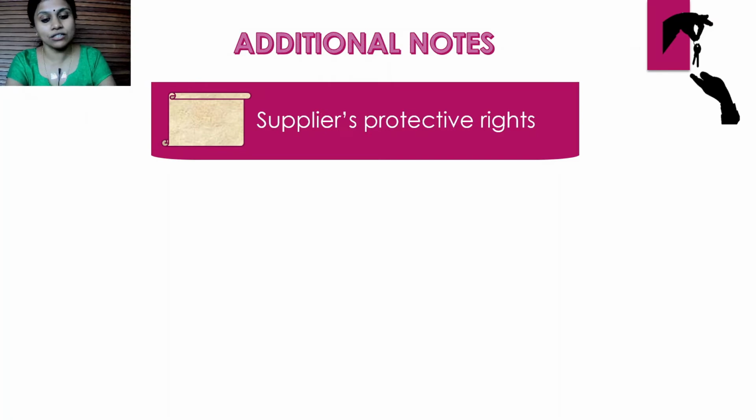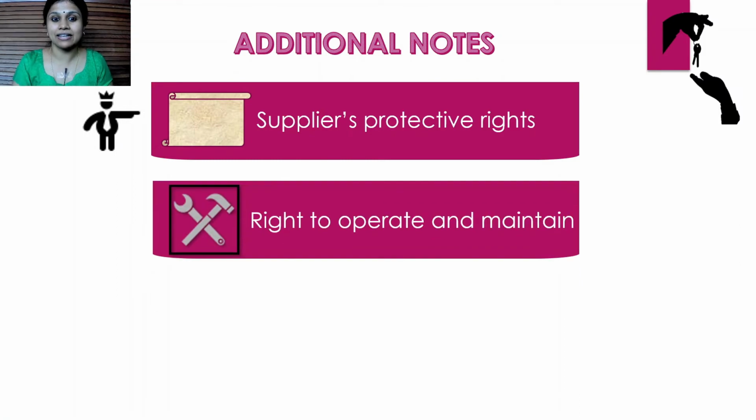If the presence of supplier's protective rights in the contract restricts the right of our customer to decide the how and what purpose, you need to treat this exactly as how we treated the predetermination of how and what purpose by the contract.